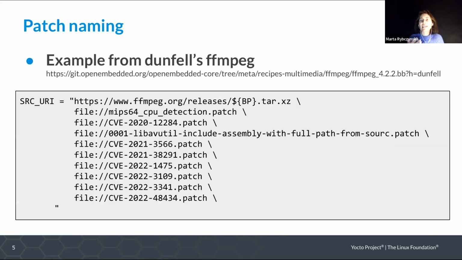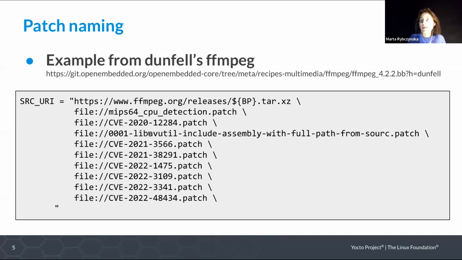And then let's have a look using an example, a real world example from a fix that has been submitted. So we have Dunfell's FFmpeg, and we can have a look into the BB file that has the typical SRC_URI with the main source package. There are some older patches that are not security, like the MIPS CPU detection patch.